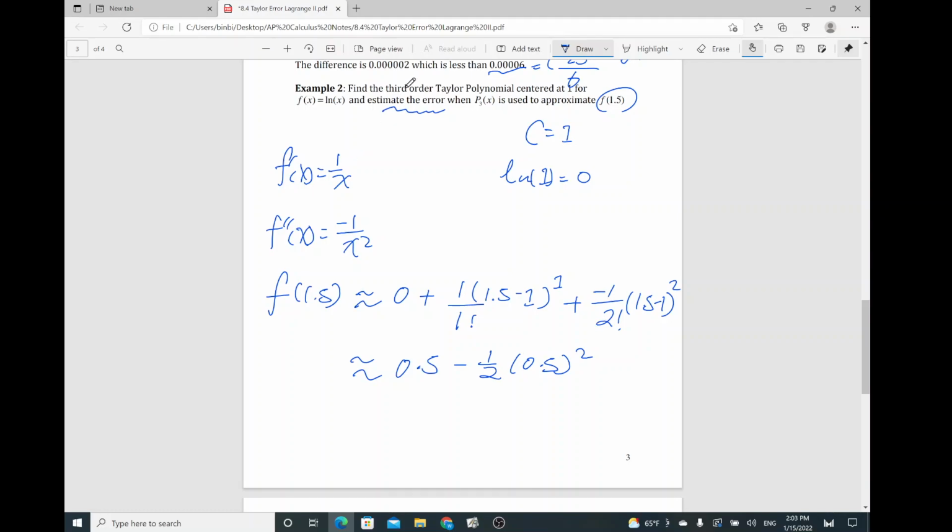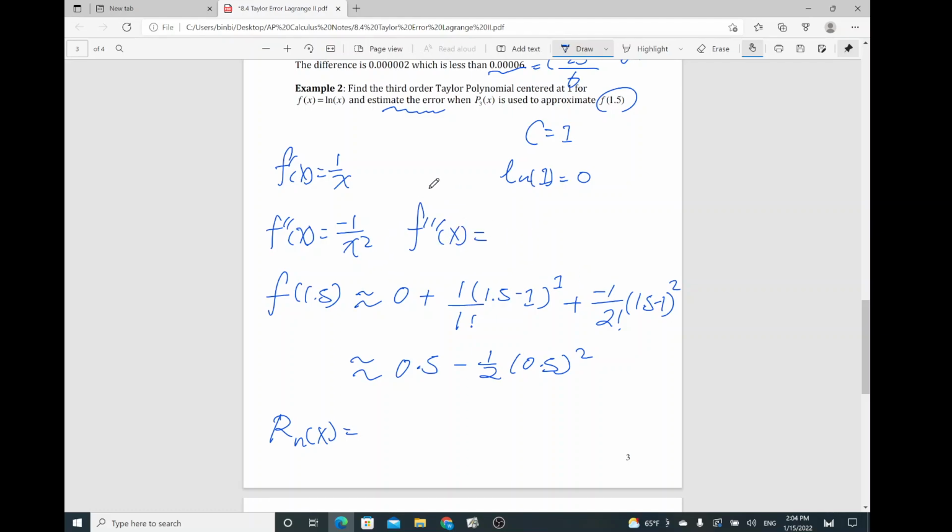So we found the third order Taylor polynomial centered at c equals 1, and then we want to estimate the error. The error for this one would use the third derivative.